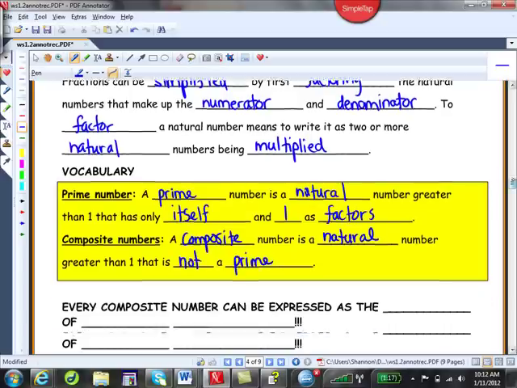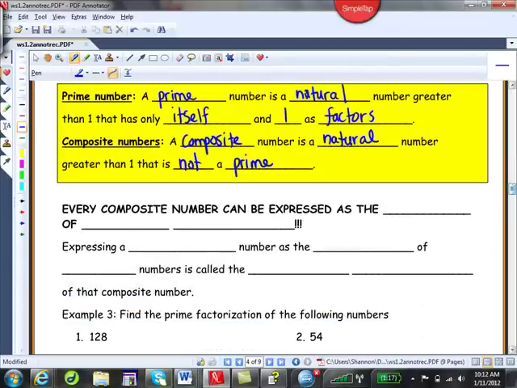All right, here's something important. Every composite number can be expressed as the product of, what do you think? You got it? Prime numbers. Very important. That's why it's in capitals.